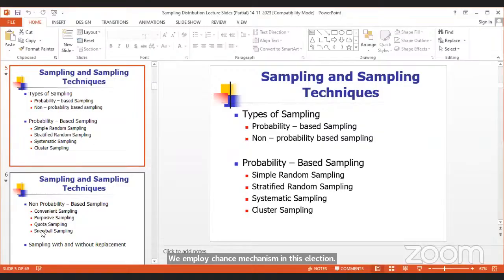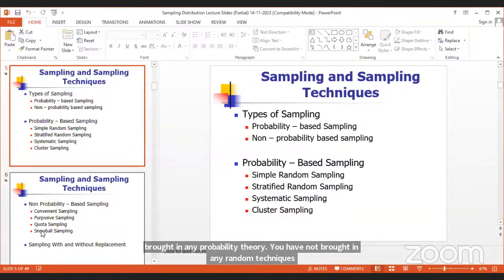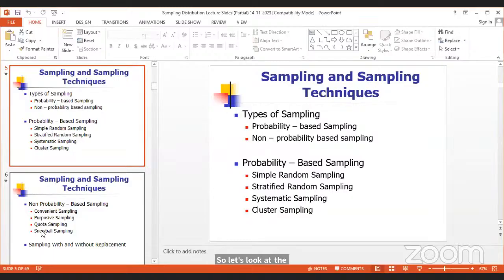However, if your selection is done in such a way that you have not brought in any chance mechanism, any probability theory, any random techniques, then what you have is non-probability sampling. So let's look at the 2 types. Then we see how they are employed.